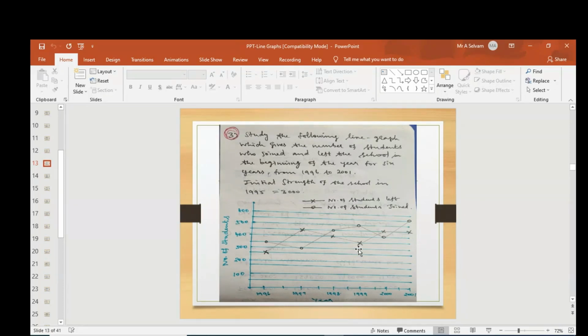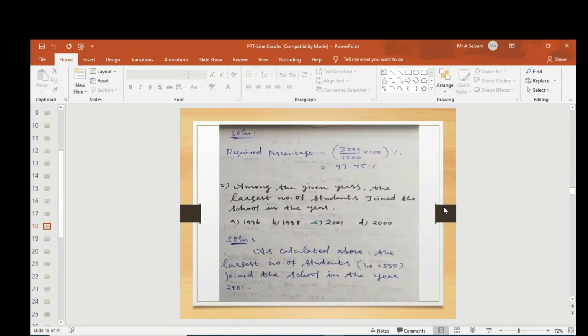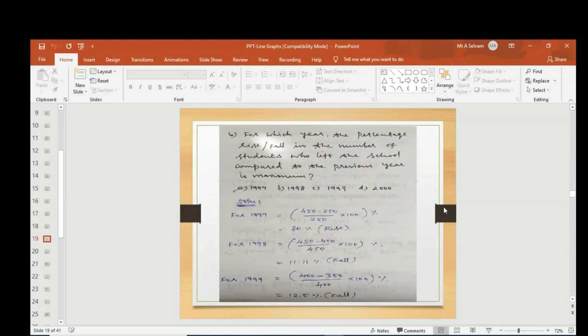Then 1999 to 2000, it is increasing. Then 2000 to 2001 it is maintained, nearly the same value. So this one rises, this one falls, rises, then no change. They are asking for the maximum rise or fall in the number of students who left the school compared to the previous year.